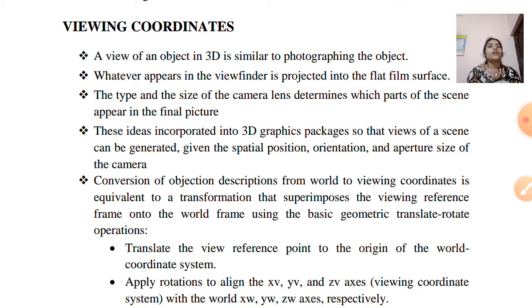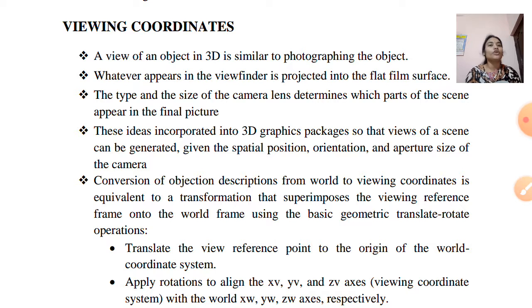Okay, the type and size of the camera lens determines which part of the scene appears in the final picture, and the ideas are incorporated into the 3D graphics package so that views of a scene can be generated, given the spatial position, orientation, and aperture size of the camera.